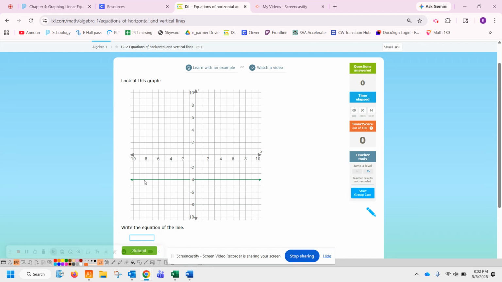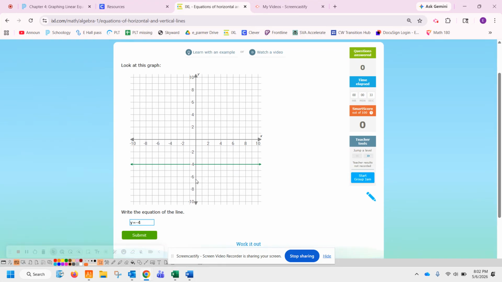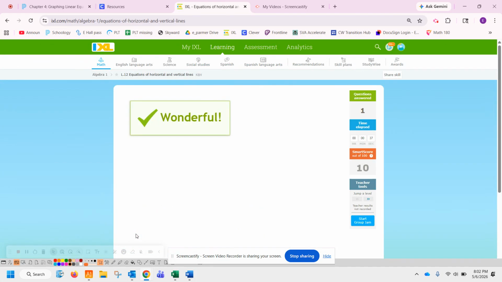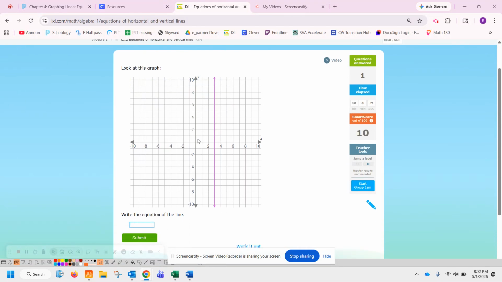But remember, you need to determine, is it an X kind of line, a vertical line, or is it a Y equals, and is it a horizontal line? So first of all, this is a horizontal line, so it's going to be a Y equals, and it does cross the y-axis at -4. Also, just watch your signs too.